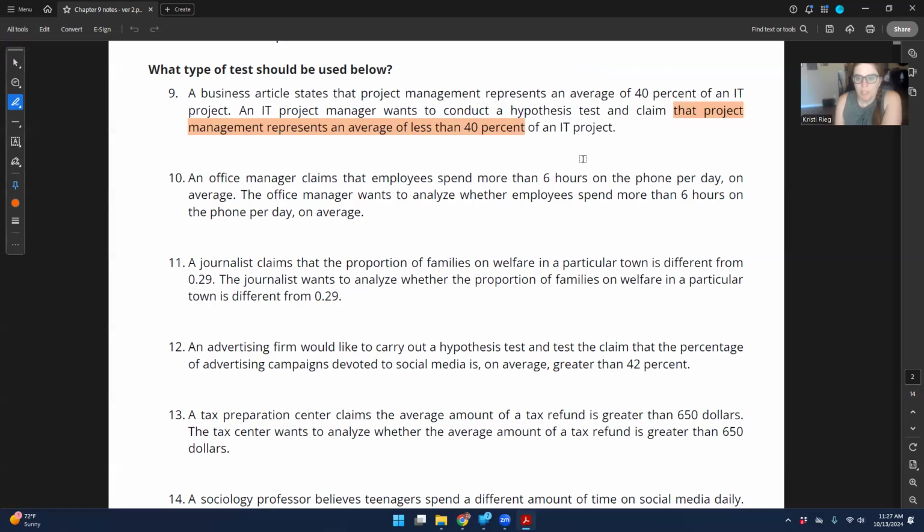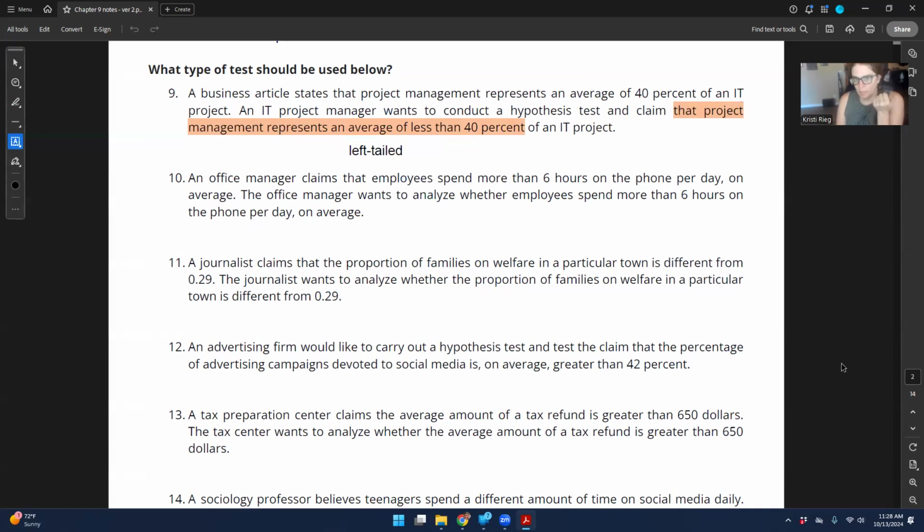Okay, so this is average, so this is mu, and well, that doesn't matter because we're not even talking about the hypothesis, but this would be mu if we were talking about writing out the hypotheses. All we're talking about is what type of test should be used.